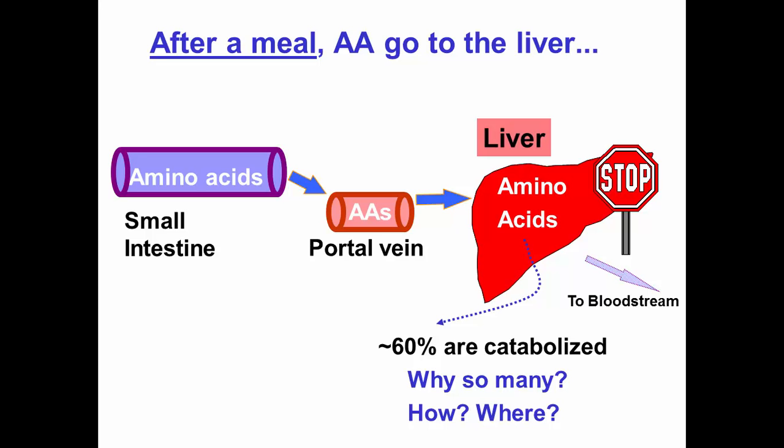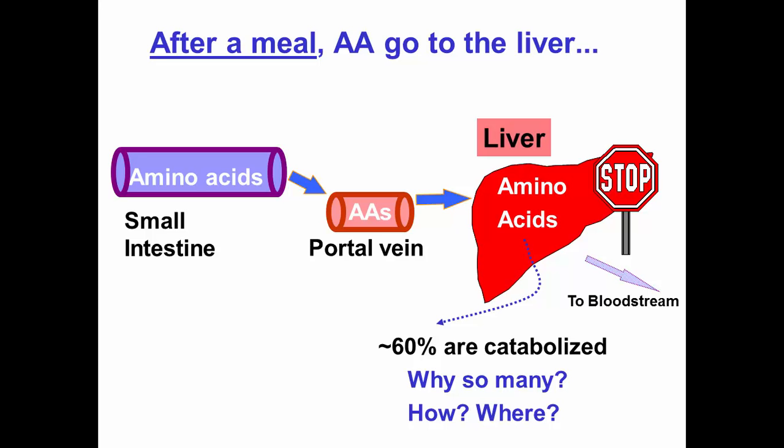So back to our dietary protein. We've talked about how different factors affect how much we need to eat, and then how we deal with the protein and how it gets digested and absorbed. We're in the small intestine, so after a meal, those amino acids are going to go to the liver through the portal vein, right?